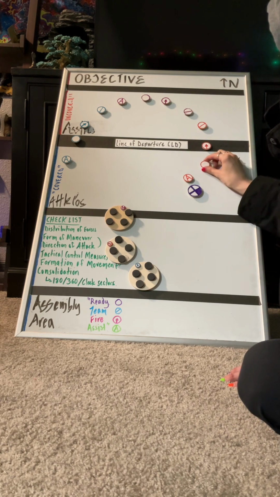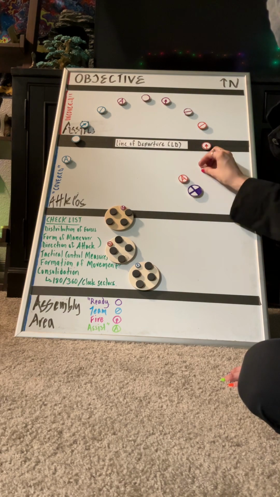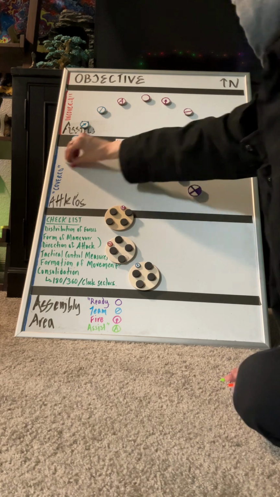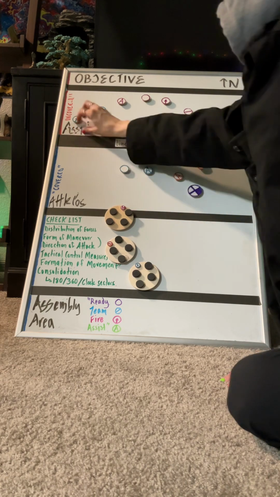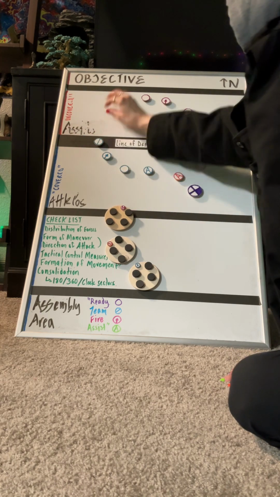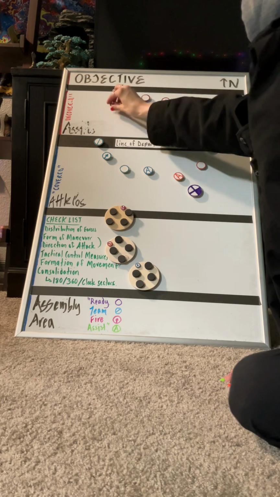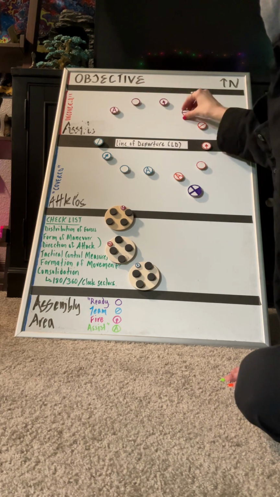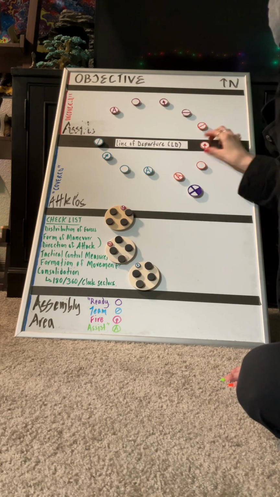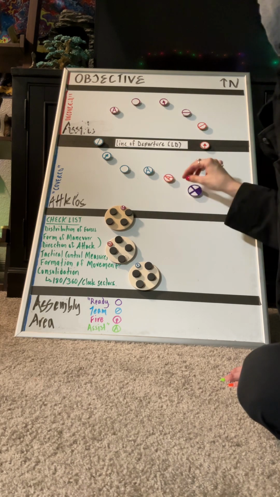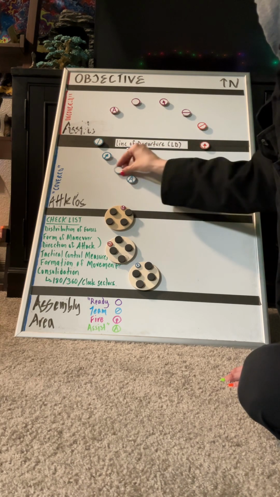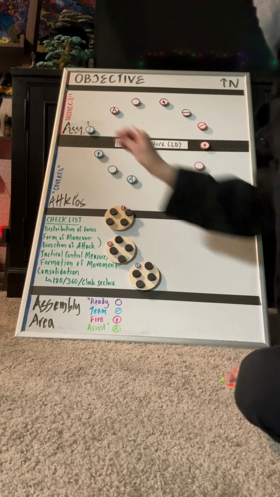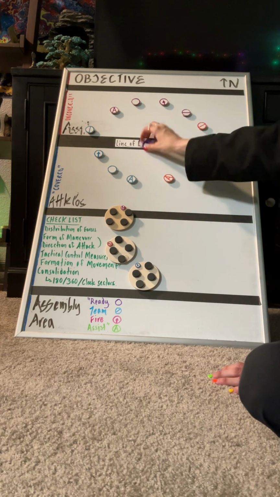Supporting effort 1, you will have 2 to 5. Oh wait, the math isn't mathing. Okay, main effort, you will have 10 to 2. Supporting effort 1, you will have 2 to 6. And then supporting effort 2, you will have 6 to 10.